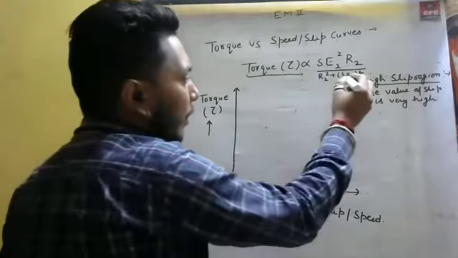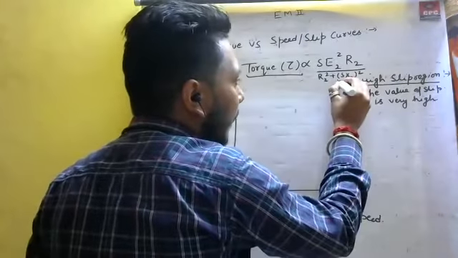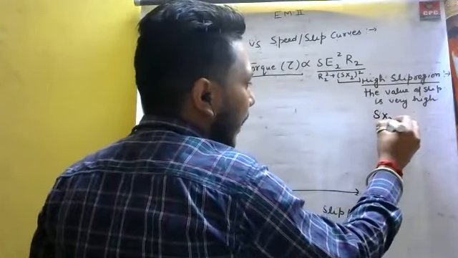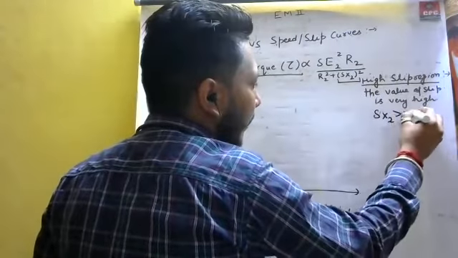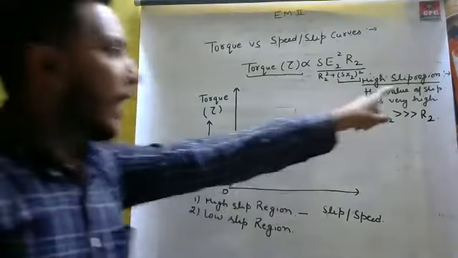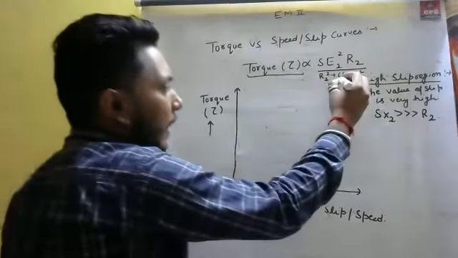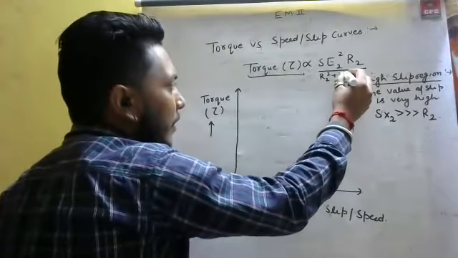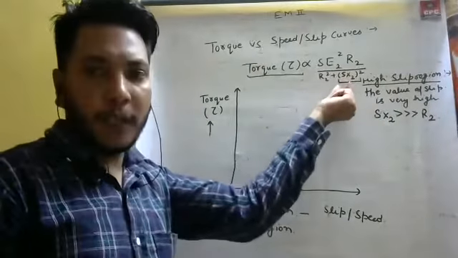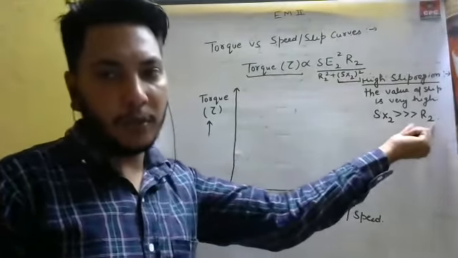Then from the equation of torque, if the value of slip is high, in the denominator part this S into X2 is very high as compared to R2, because S is your slip.